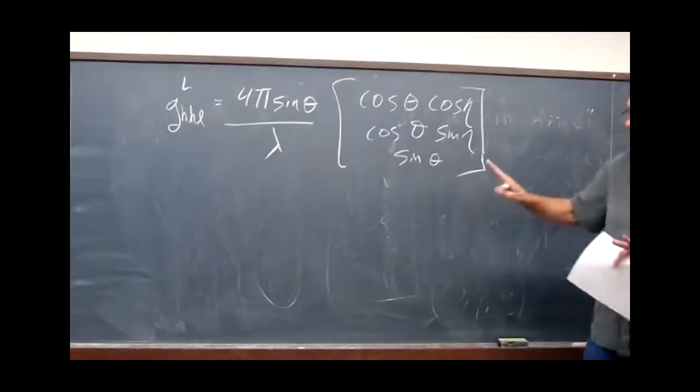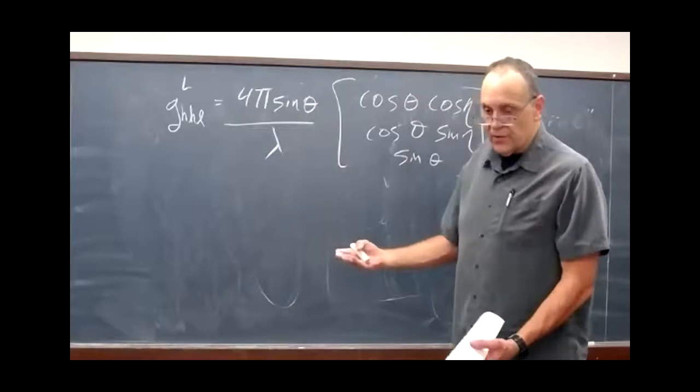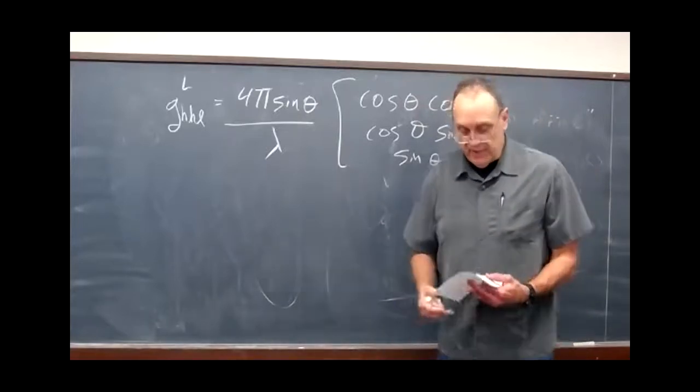And so the main point here is that every G is related to those 3 things that we measure in the course of an experiment.